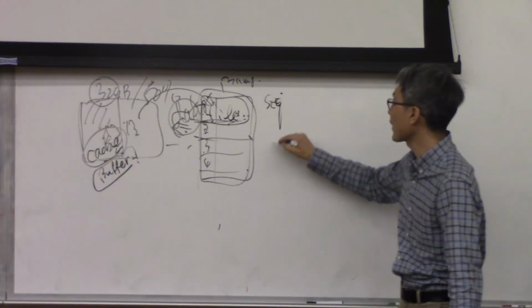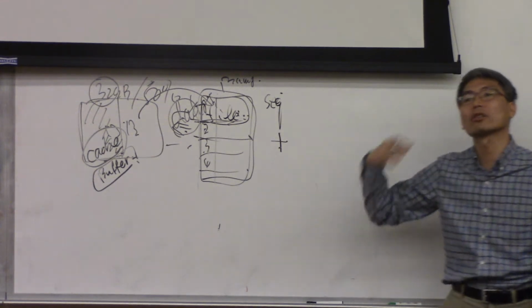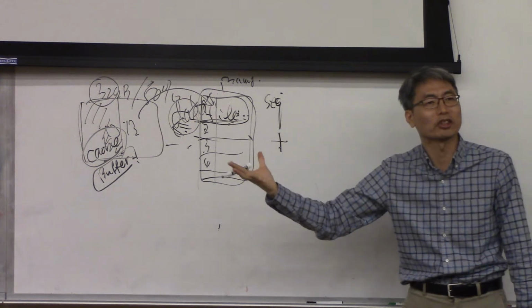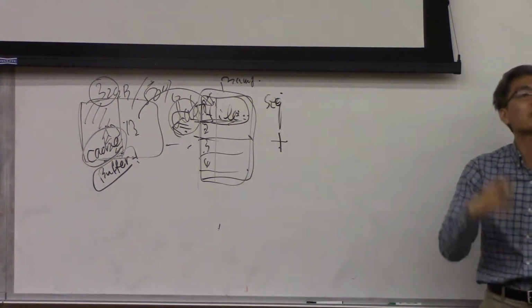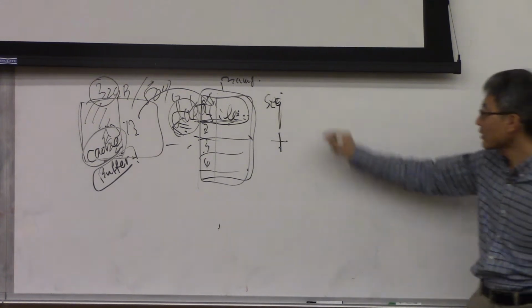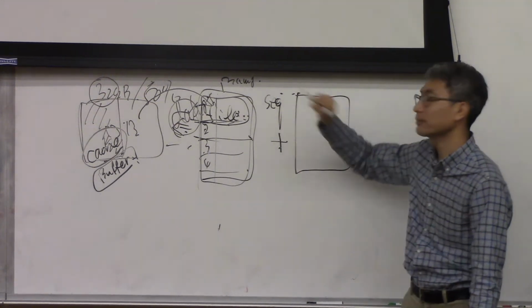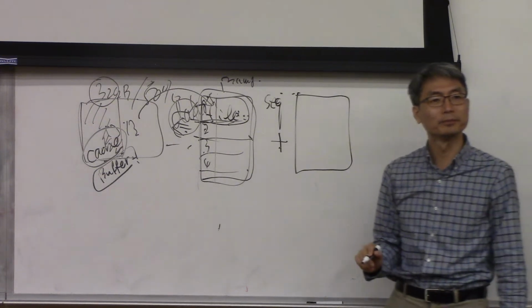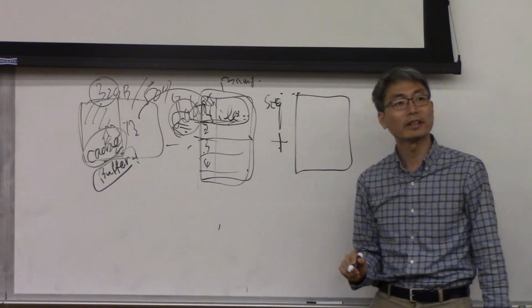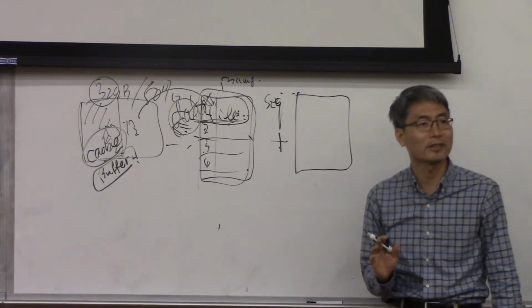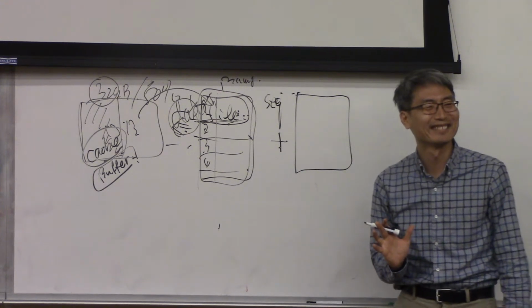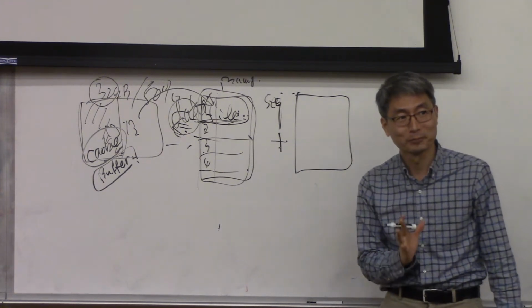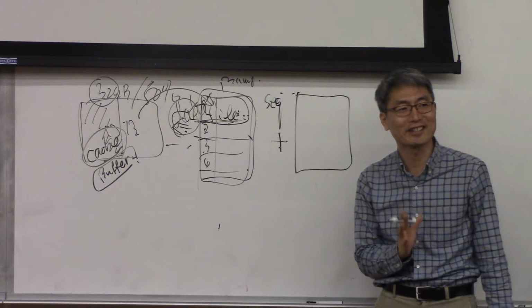So to address that problem, we are going to consider another data structure that can help speed up access to the data. That is, anyone? Interpolation? What does interpolation mean?